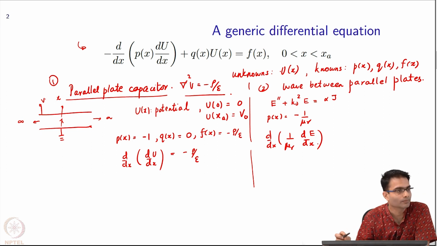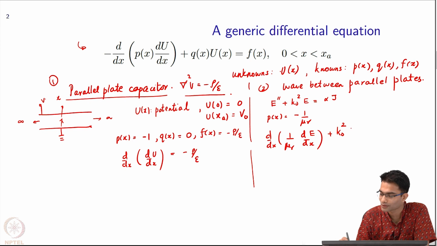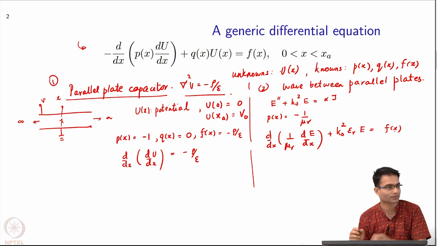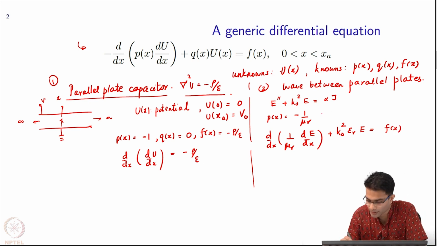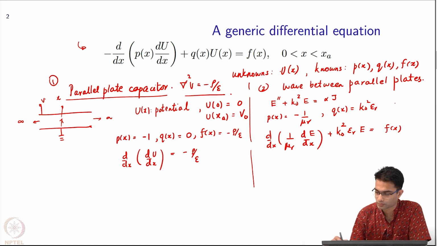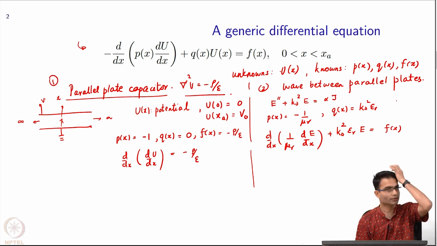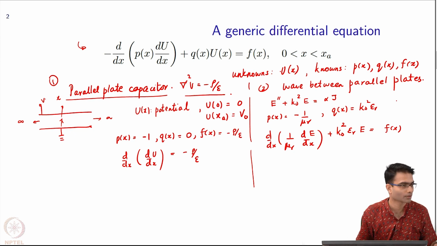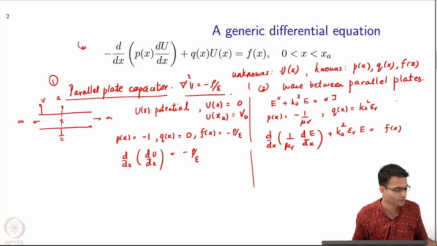Second term, k naught squared with one more material property, epsilon r, exactly, epsilon r E is equal to f of x, whatever the current source is on the right. So my p was this, my q was k naught squared epsilon r. So this is a general differential equation which is used many times.